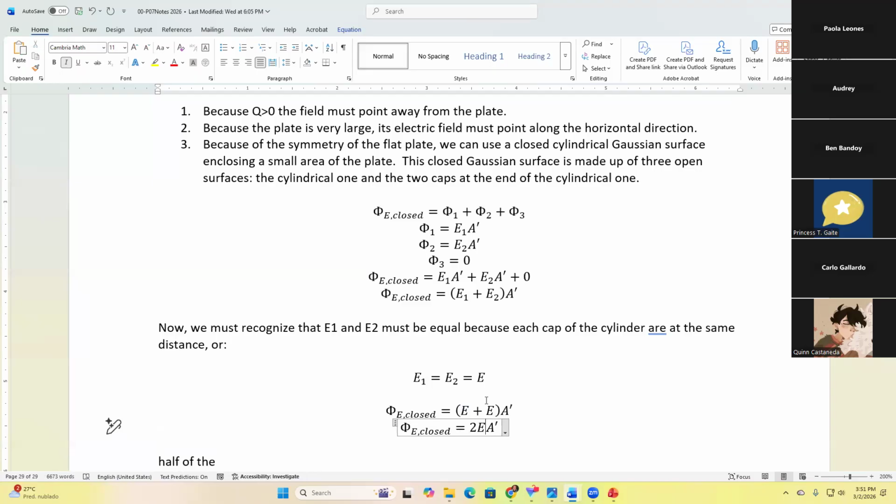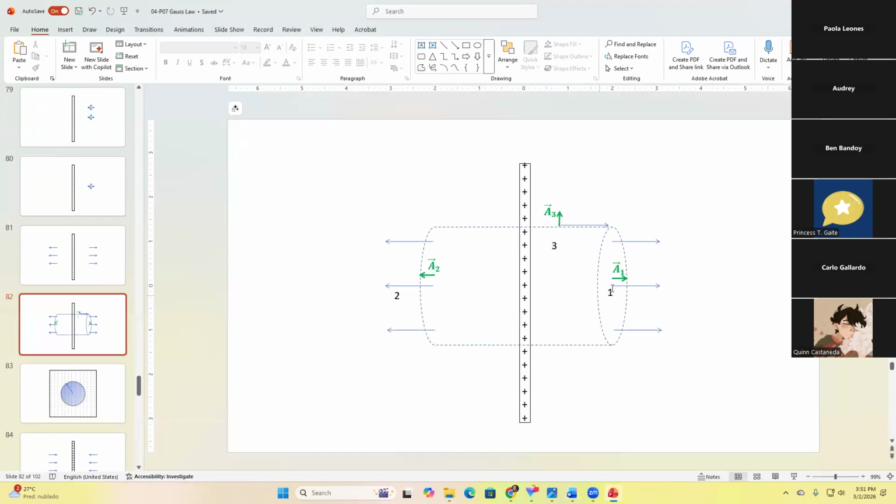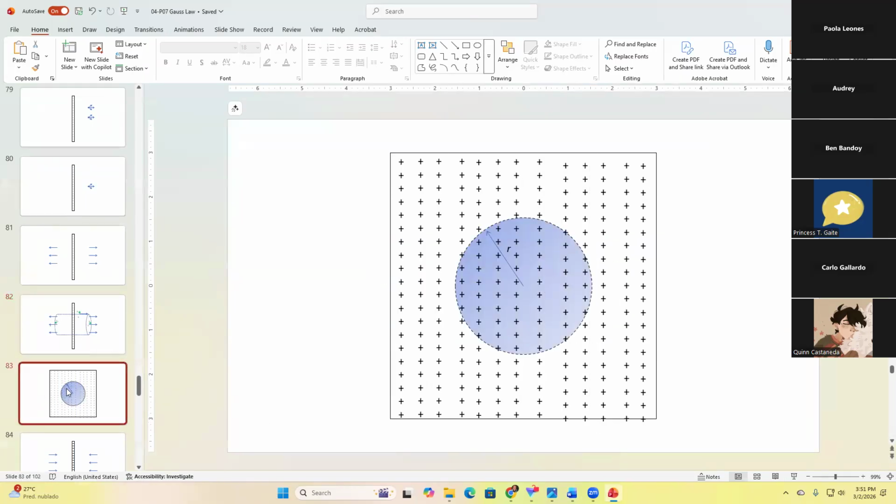And A prime, the area of this cap here, must be given in terms of its radius. Okay, here you go. And we have right in here the radius. I'm looking from the top, right?